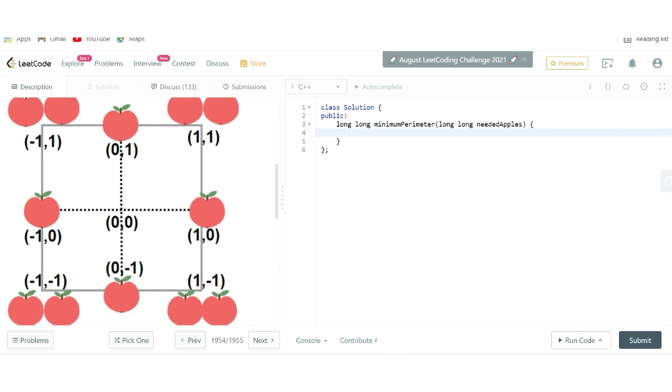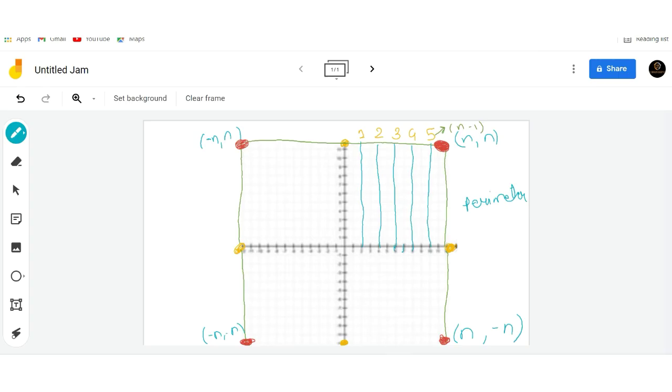So for this particular square garden, you have to find its perimeter such that we can have all the needed apples. Now we will discuss the approach to solve it, and one more important thing is that the center of this garden lies at 0 0. Okay, so this is another important point, that its center lies at 0 0.